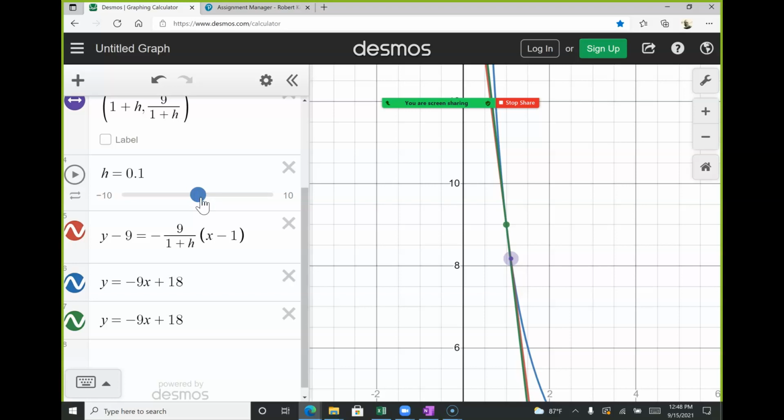The secant line becomes the tangent line. Boom. There it is. That's about as difficult as it can get on the first test. And maybe proof by induction might be tough as well, but that will be extra credit.